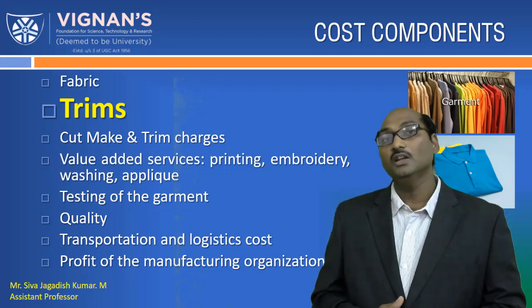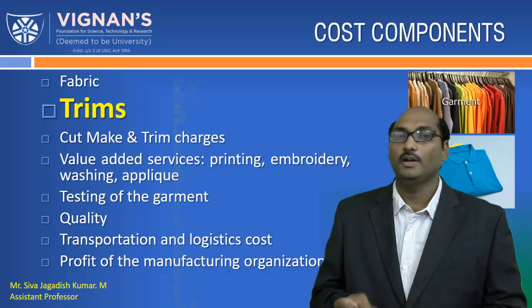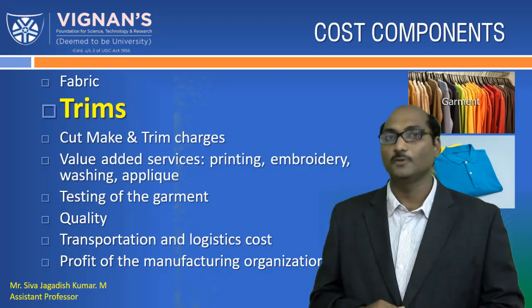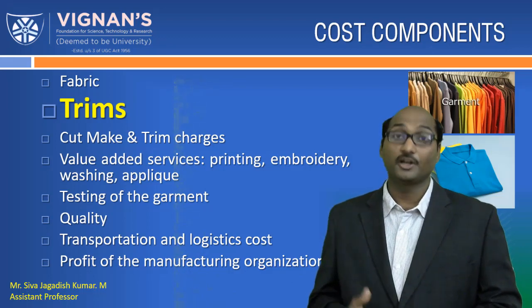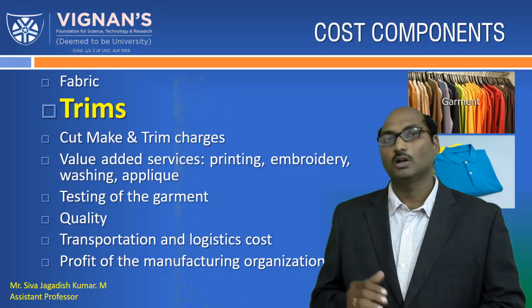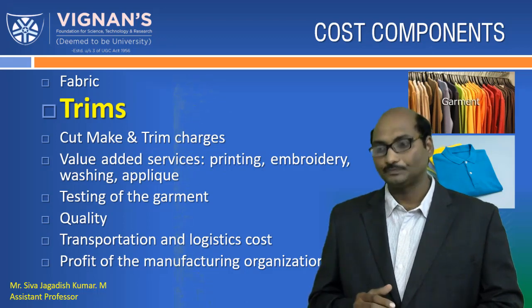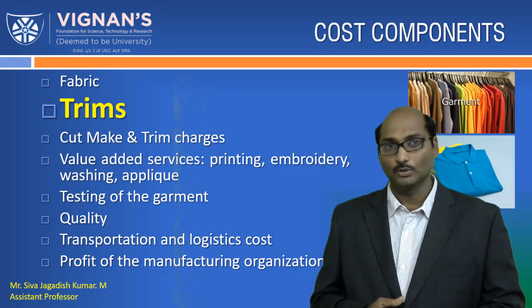And then the last element is the profit. Already we have discussed this briefly in Unit 2. We are going to discuss elaborately the trims cost in Unit 3, along with a few example cost sheets for some men's, women's and children's garments.